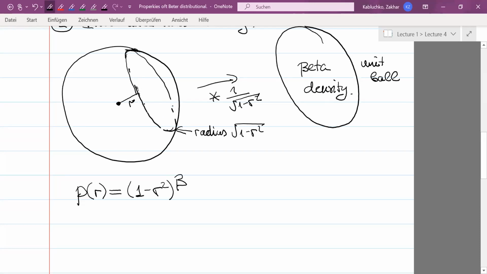Now if we have here distance r, and here we have distance h times square root of 1 minus r squared, so that the maximum value of h is 1.